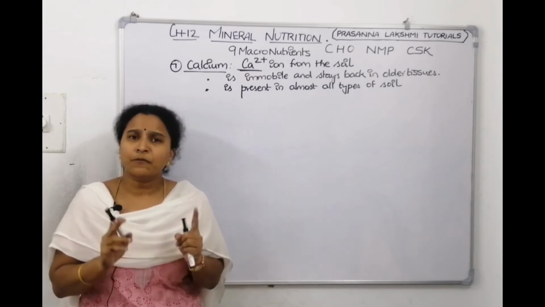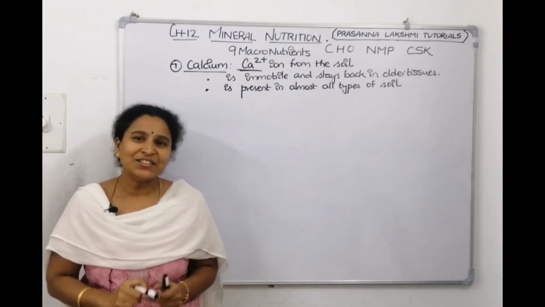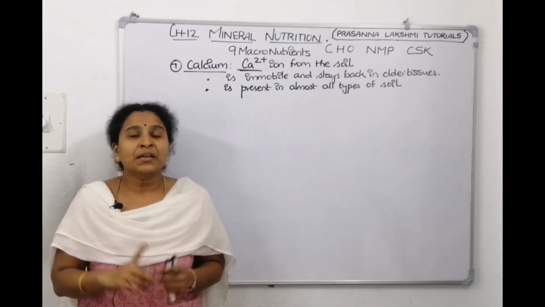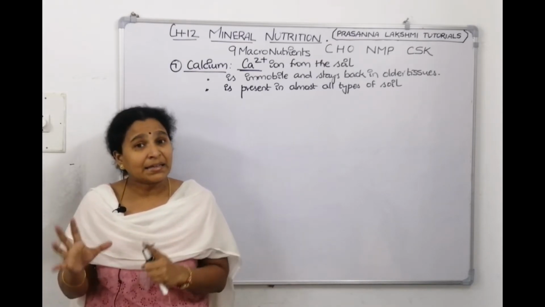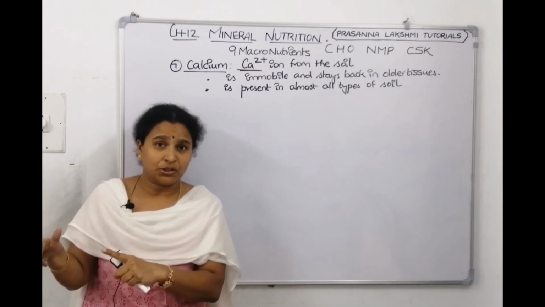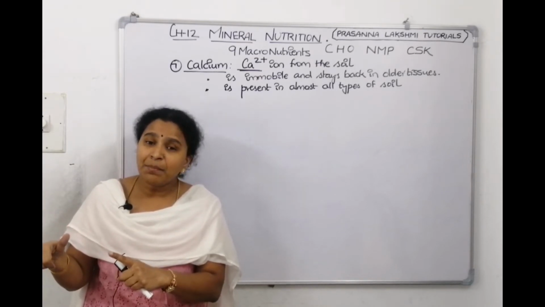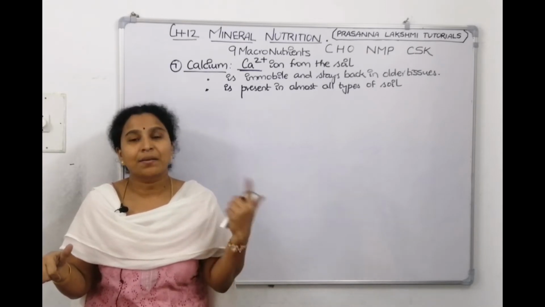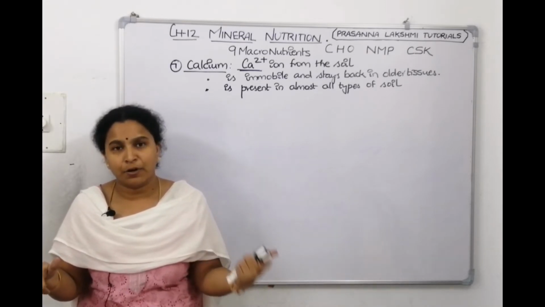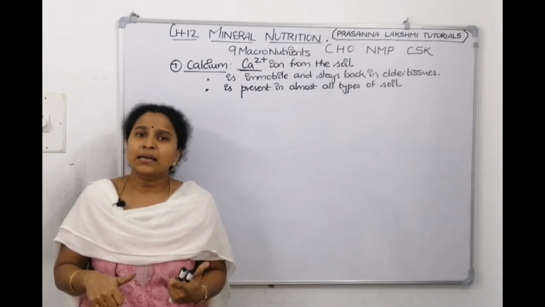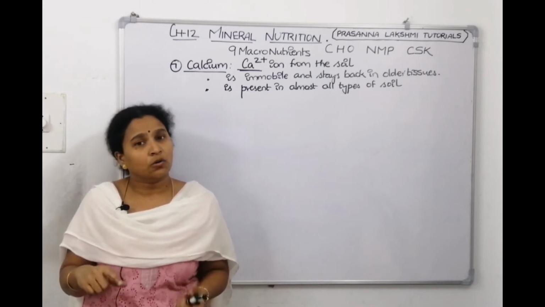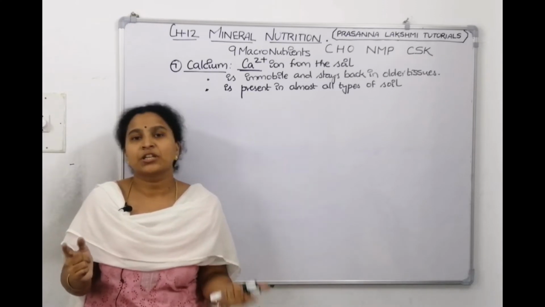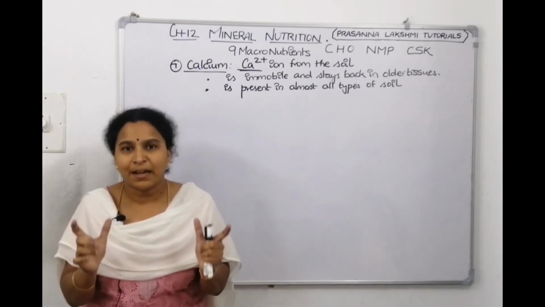Now let us talk about the physiological functions of calcium. What are the roles of calcium? Calcium is not only required by an actively dividing tissue like a meristematic tissue. Calcium is equally important for differentiated tissues: parenchyma, collenchyma, sclerenchyma, xylem and phloem also. Calcium is required by differentiated tissue also for performing their functions.